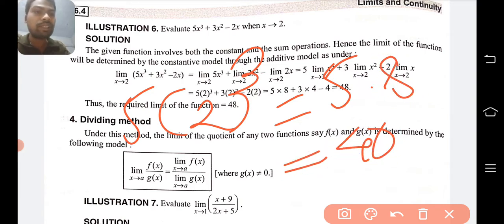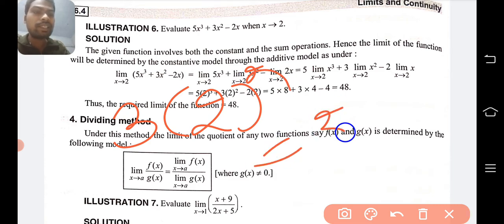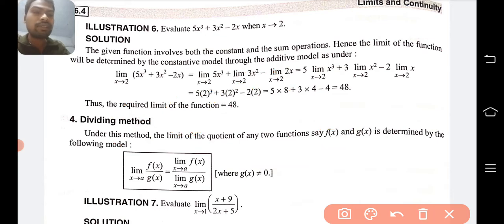40. Okay, so in this way, for this term, 2 to the power 2 is equal to 4, so you get 3 into 4. So what will we get? That is 12. Next, in this case, it is 2 into 2.